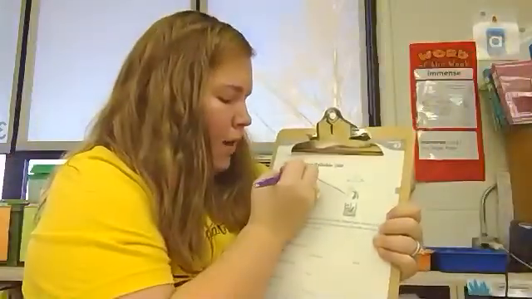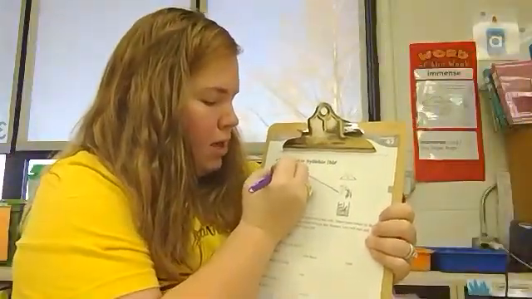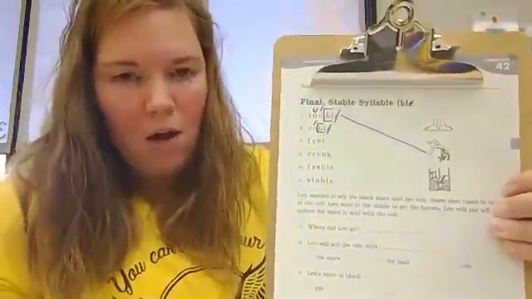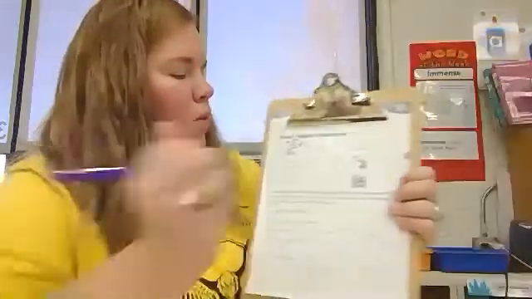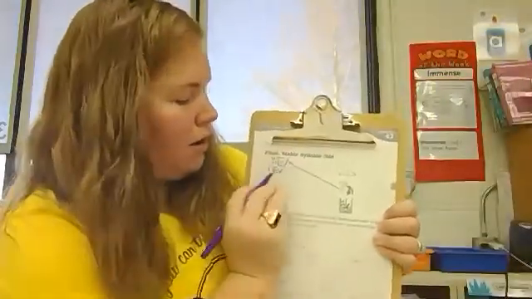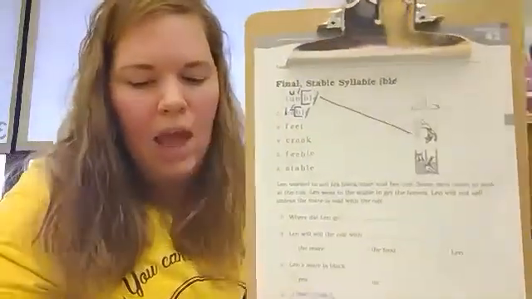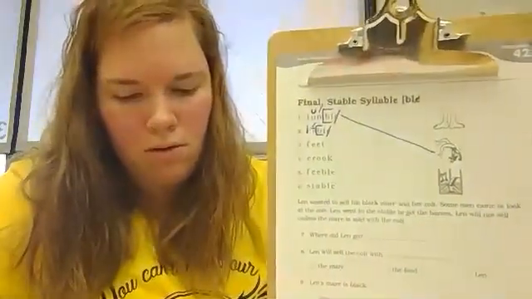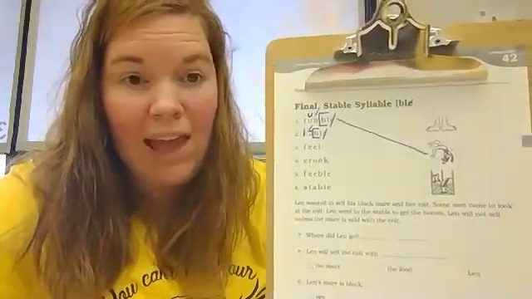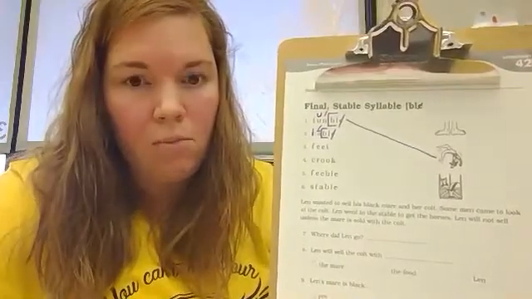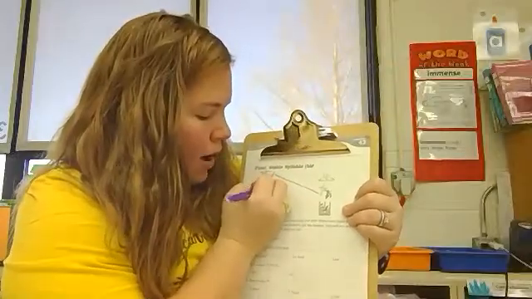Number 2, I see final stable syllable, B-L-E. Bracket, cross out the final E, accent mark. Now we need a K back on the C, and there is not a consonant before the bracket, so this A gets a macron. It's going to say A. Can you read number 2? Number 2 says cable. Number 3, no final stable syllable here, but we have digraph E-E.